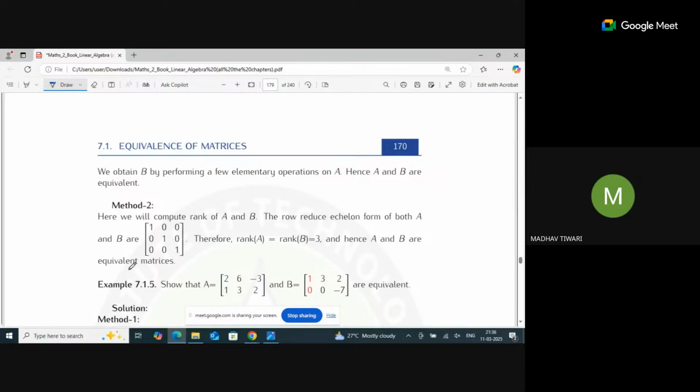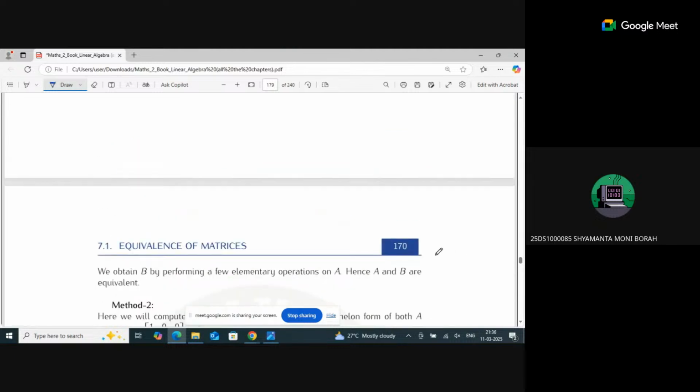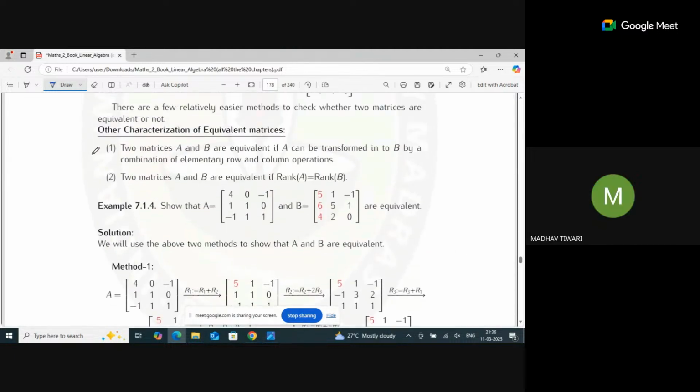Okay. Yes, sir. So can you repeat again if you don't mind, please? Yeah. If any of these two conditions is satisfied, then it will be equivalent. Two matrices are equivalent if A can be transformed into B by an elementary combination of row or column operations.